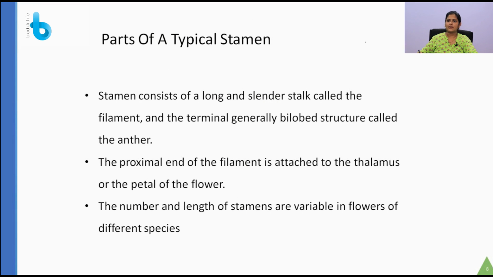So a stamen consists of a long slender stalk called the filament and a terminal, generally bilobed structure called the anther. The proximal end of the filament is attached to the thalamus or the petal of the flower. As I said, the number and length of stamens are variable in different species.